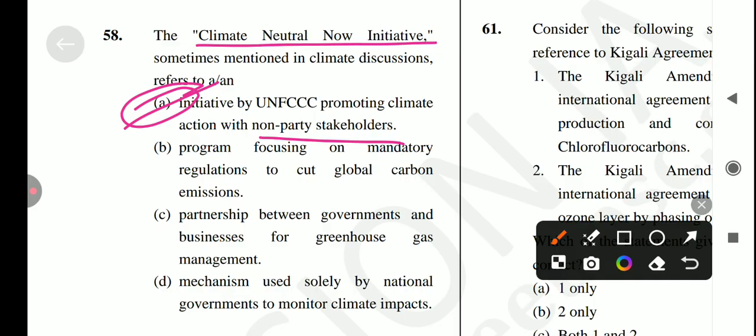Okay, and if you're talking about the क्लाइमेट न्यूट्रल इनिशिएटिव, जो कि 2015 में स्टार्ट हुआ था, and it encourages climate action by involving non-party stakeholders like governments, businesses, organizations, and individuals.